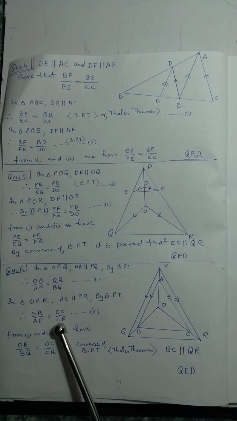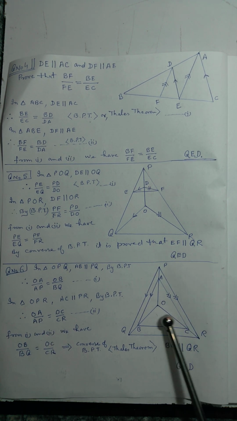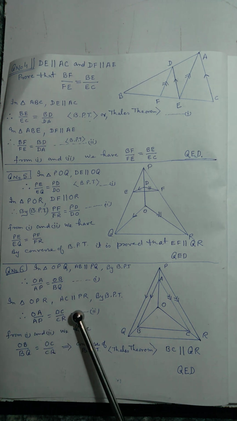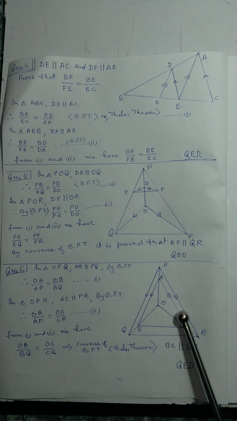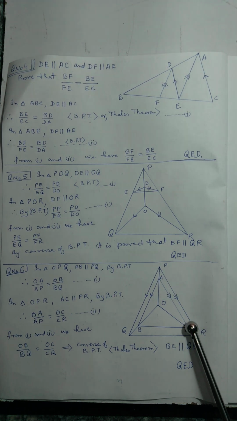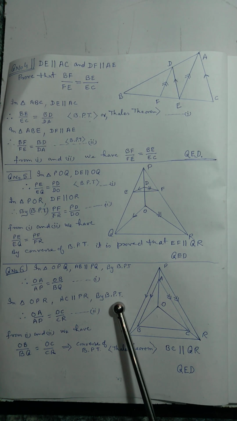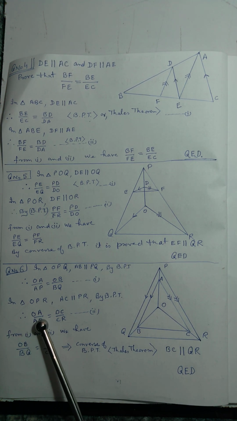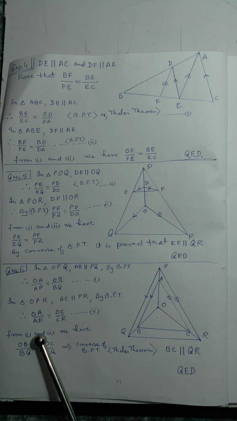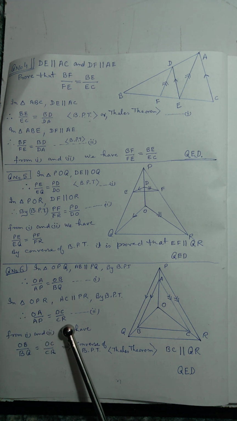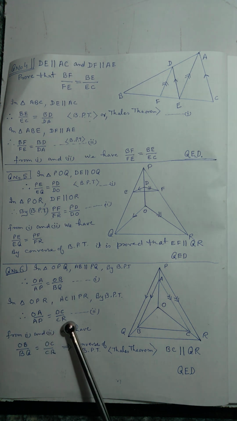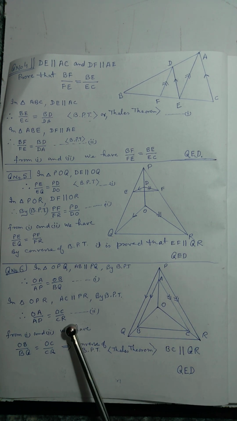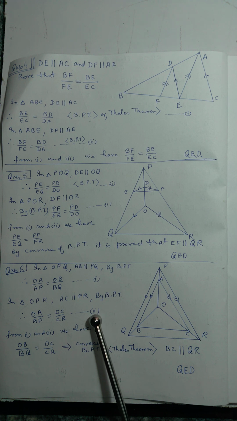In triangle OPR, AC is parallel to PR. By basic proportionality theorem BPT, therefore OA upon AP is equal to OC upon CR. This will be the second equation.